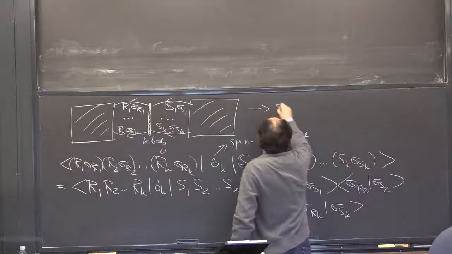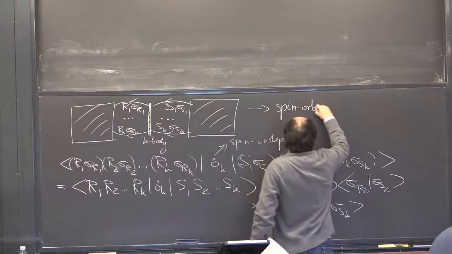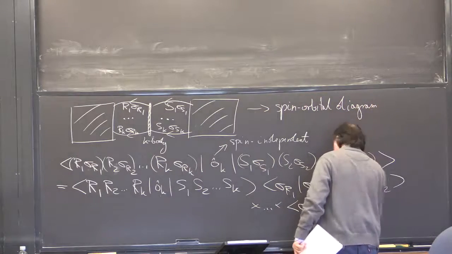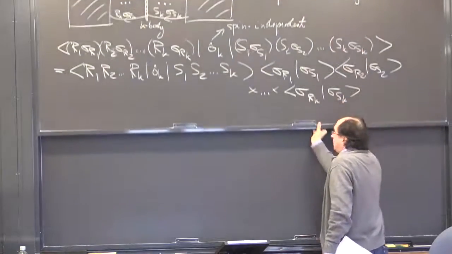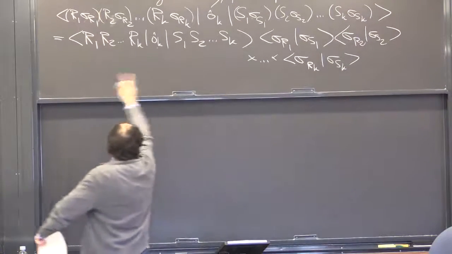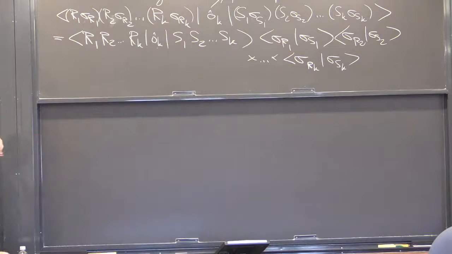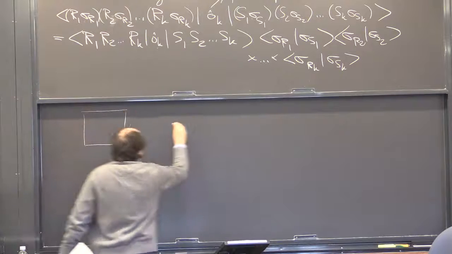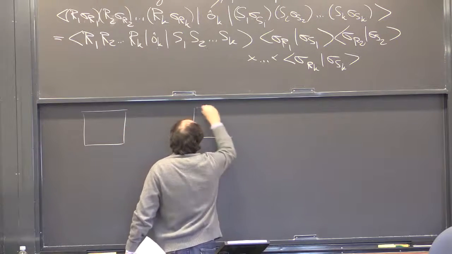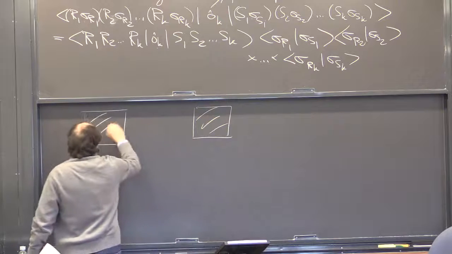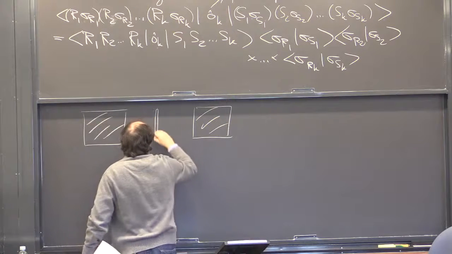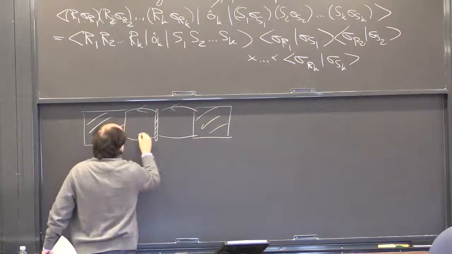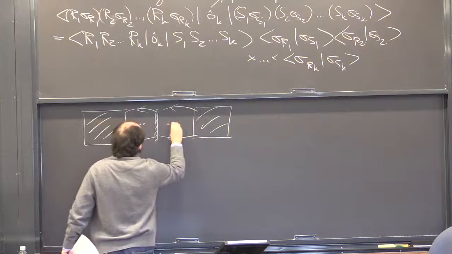If this is a spin orbital diagram, then you can see that I can obtain the information about at least the matrix element that is associated with it from the corresponding orbital diagram, which will look the same way as the spin orbital one, except that I will not have to label the lines with the spin variables.